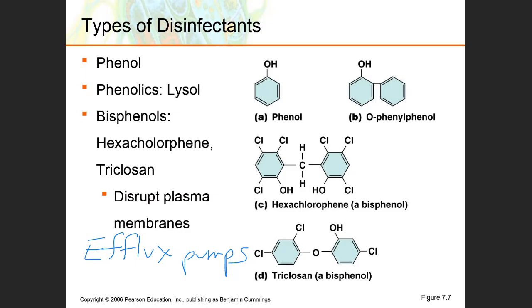And so when the bacteria evolved resistance to triclosan, they also became resistant to antibiotics because the efflux pumps work just as well against antibiotics as they do triclosan. And so all these millions and millions of people using triclosan were actually generating antibiotic resistance in bacteria.